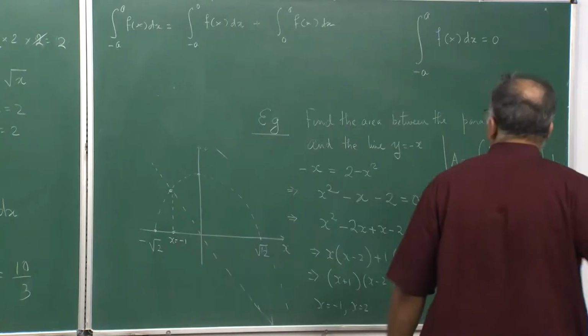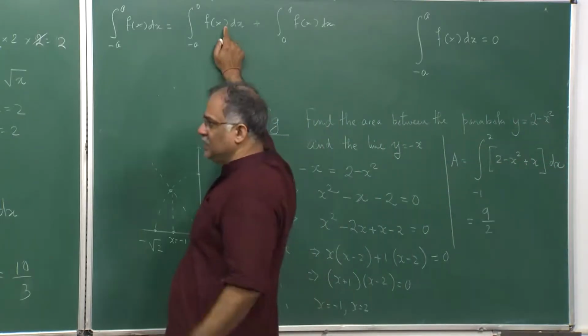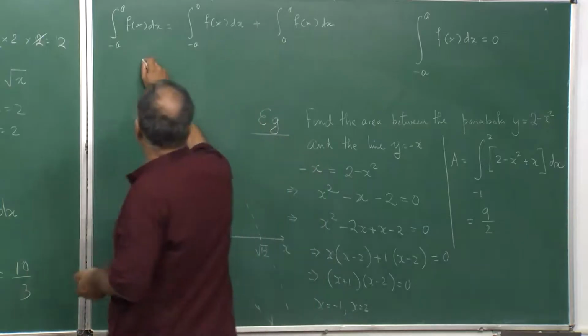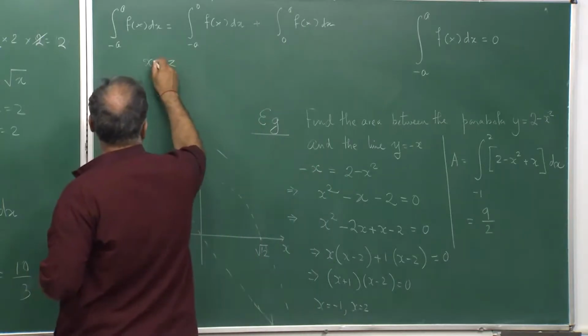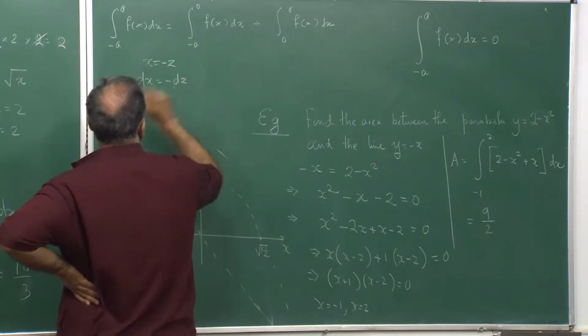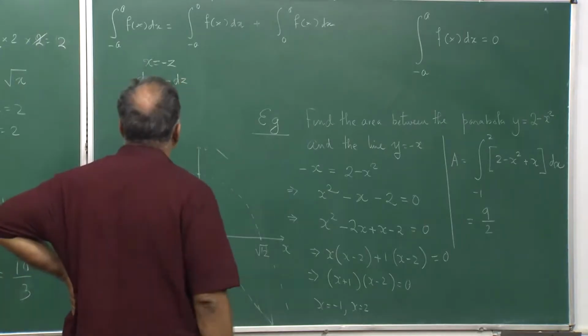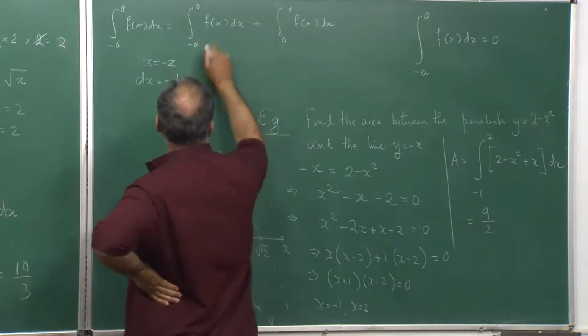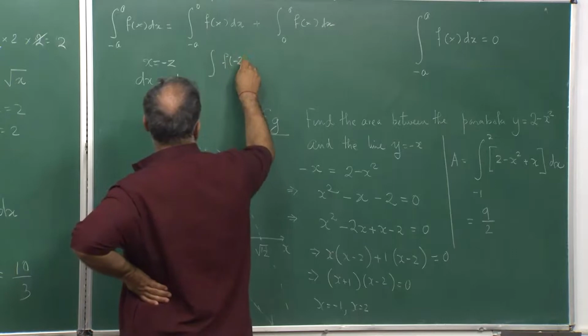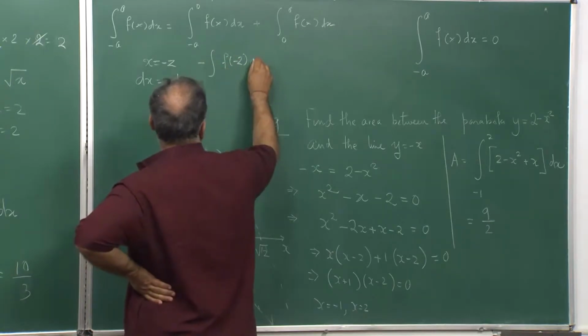So, what do you do? You substitute x equal to minus z, so dx equal to minus dz. So, this becomes f of minus z times minus dz.